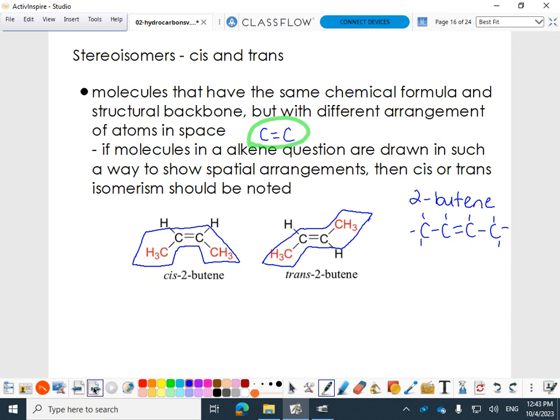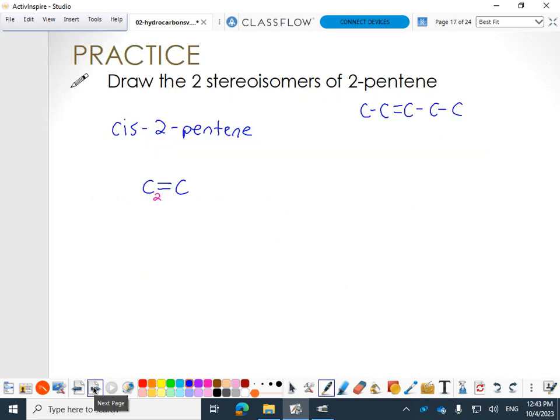So this is carbon 2. That means that carbon 1 would be there. So 1, 2, double bond, 3, 4, 5. Okay, so the rest of the carbon chain is on the same side of the double bond.